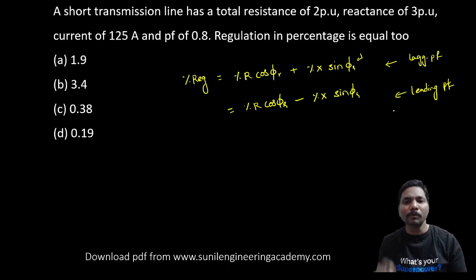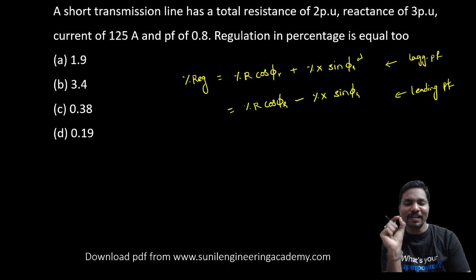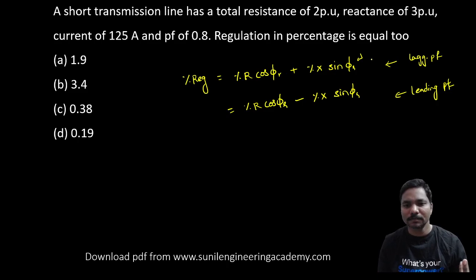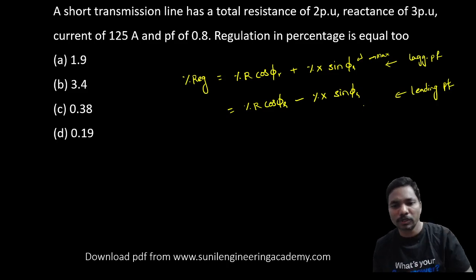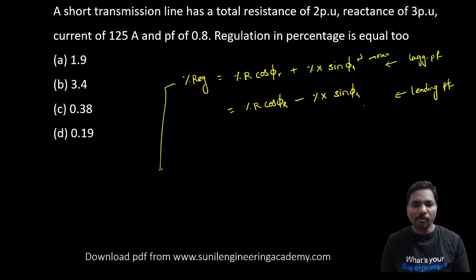So that is the simple trick to remember. Plus, you will get maximum regulation. There is a chance of minimum or zero in case of minus only. So minus for leading, plus for lagging. Until they have mentioned anything, we go with the lagging only.